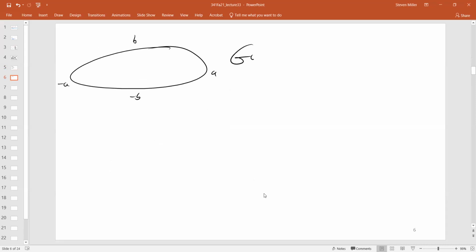So what are we guessing the area is? Pi AB. And it reduces to pi r squared if A equals B equals r. So just from looking at some Monte Carlo simulations, we actually got a guess.